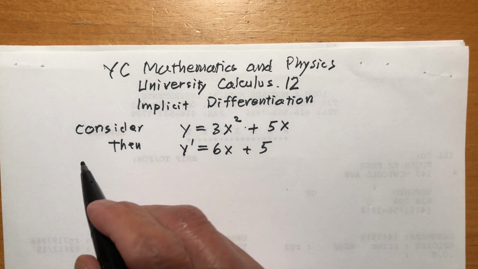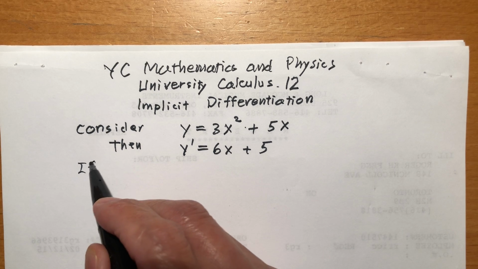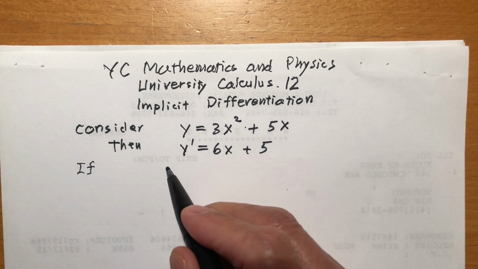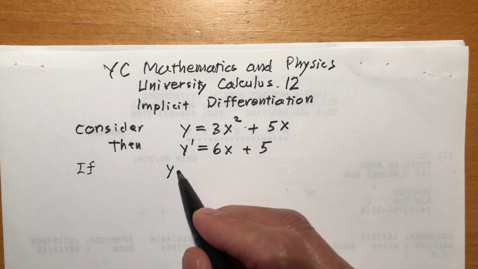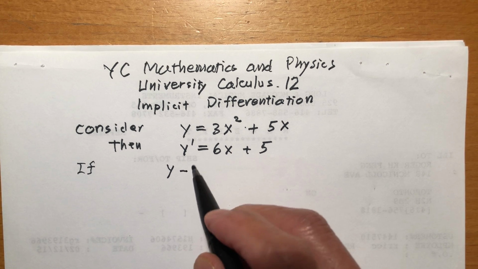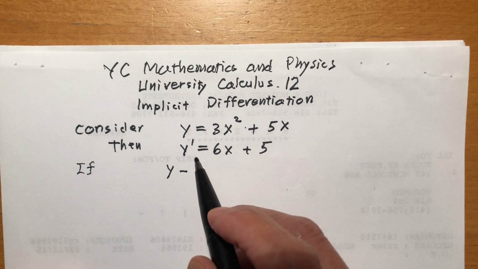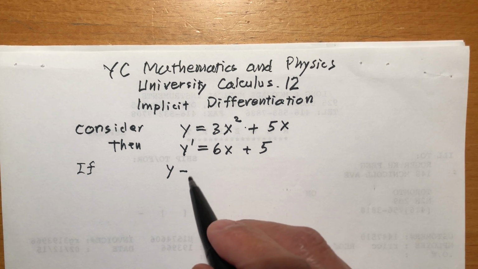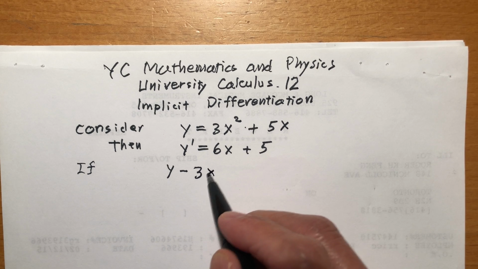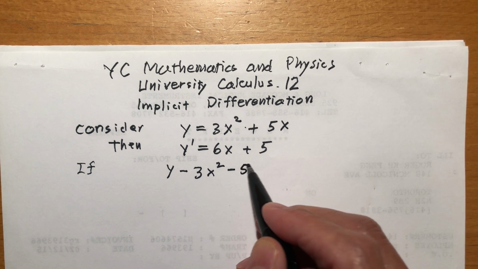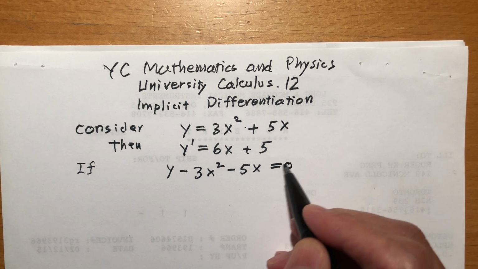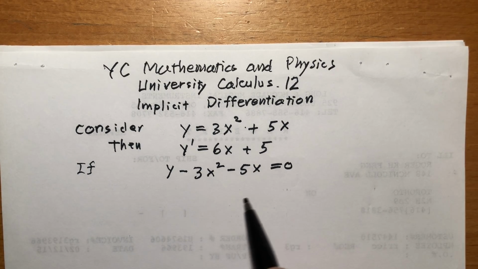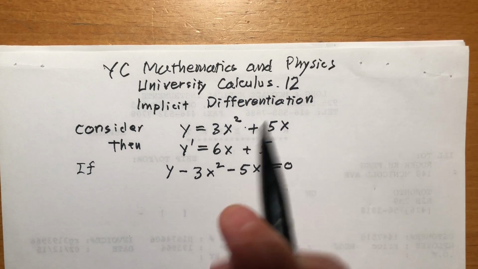So suppose the given function is not like that, say y minus 3x squared minus 5x equals 0. If this is the given function, how do we find the derivative?